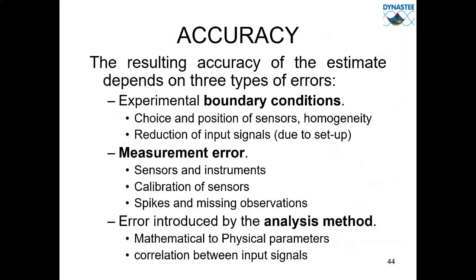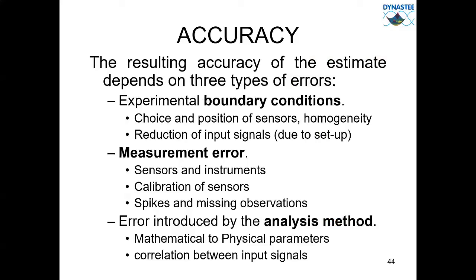The resulting accuracy, I need to put the word out as well. The resulting accuracy of the analysis estimate depends on three types of errors. You should understand it. Experimental boundary conditions, the choice and the position of sensors. That is not always done by you, but by another person who is responsible for the experimental setup.